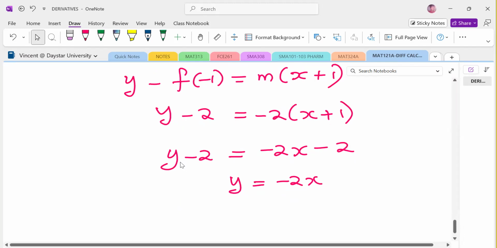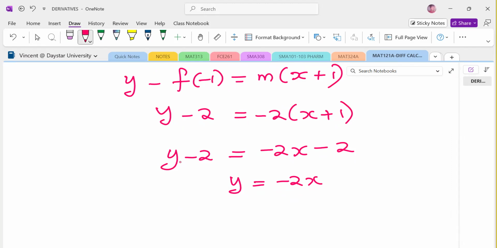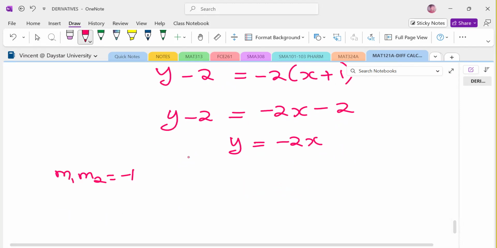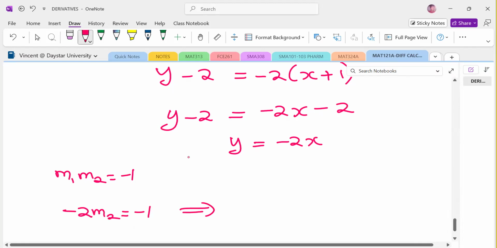Then you can get the equation of the normal by simply saying that the product of the slopes of the tangent and the normal is minus 1. So given that the tangent has a slope of minus 2, then this means that the normal will have a slope of a half.